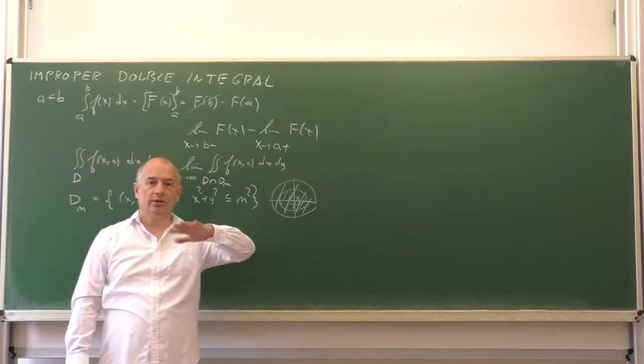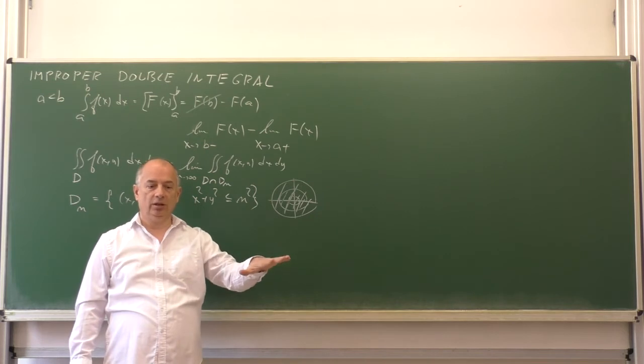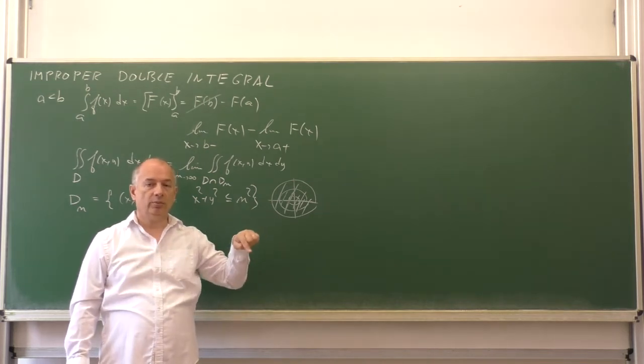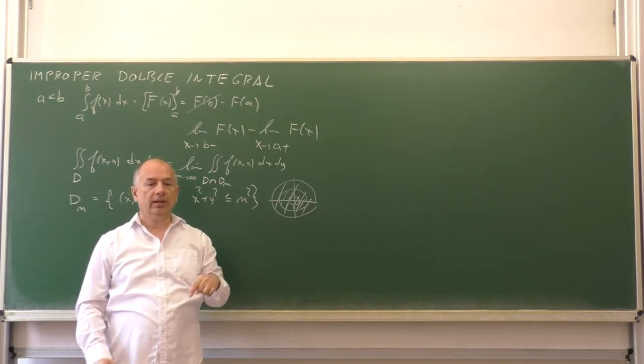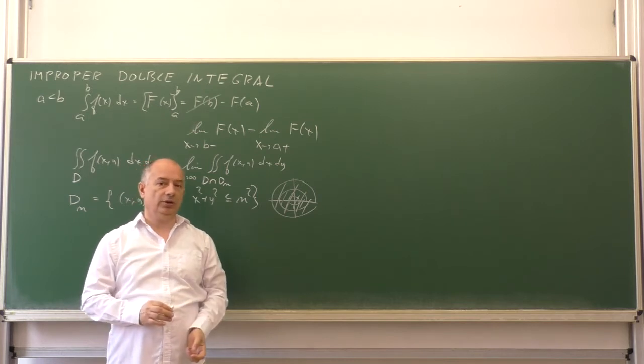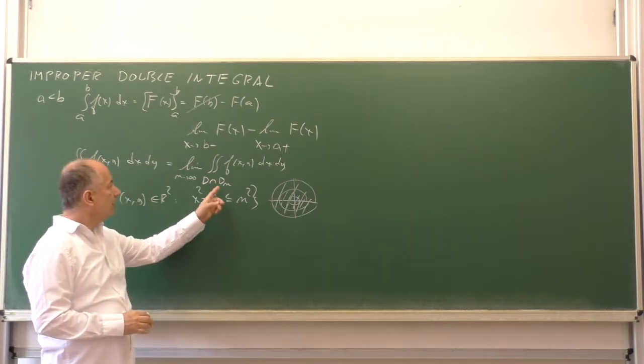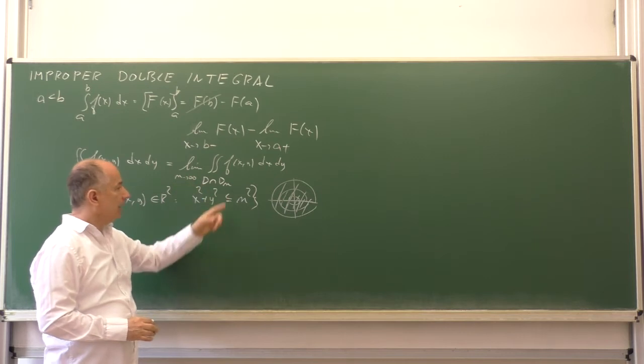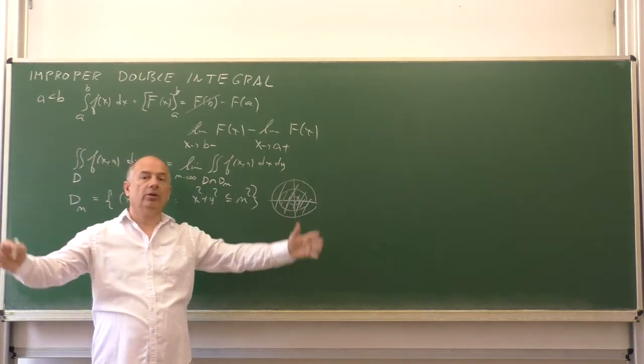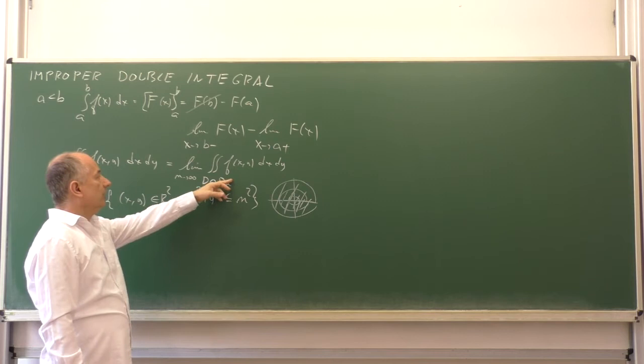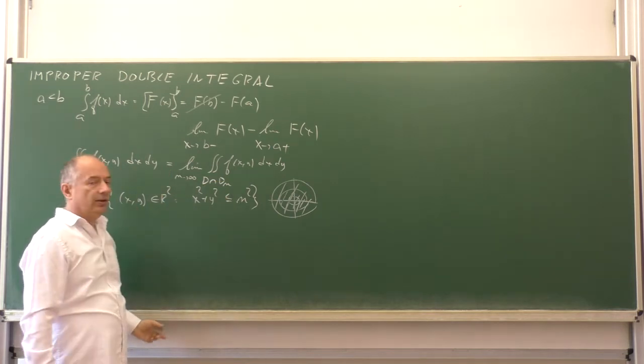That means we look at the integration domain D, and we only take one portion that is not too far from the origin. And then we increase n, the distance from the origin, and if this limit exists, then we say this is this integral.